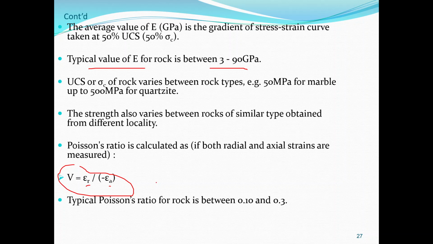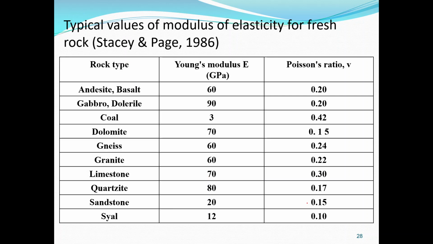Radial is horizontal, axial is vertical. So the Poisson ratio of rock is between 0.1 and 0.3. So these are typical values for rocks, Young modulus and Poisson ratio. As you can see here, igneous rock is quite high compared to sedimentary rock.